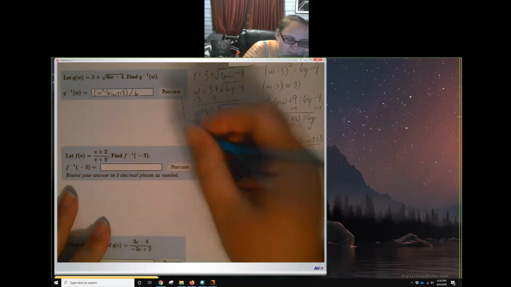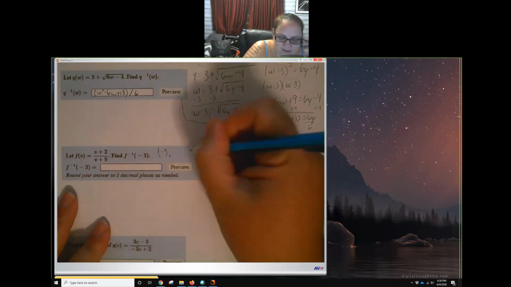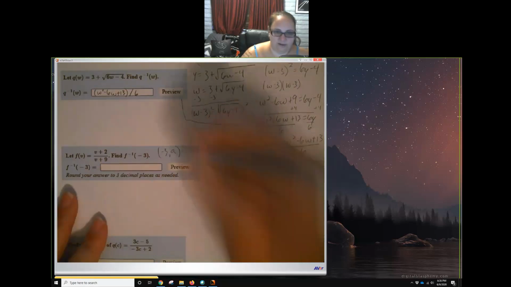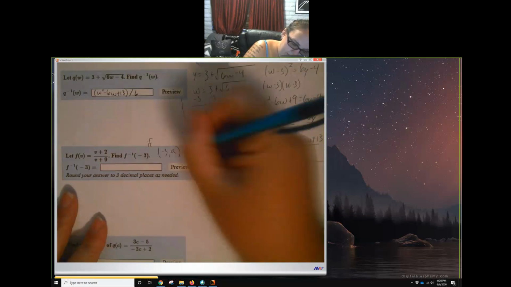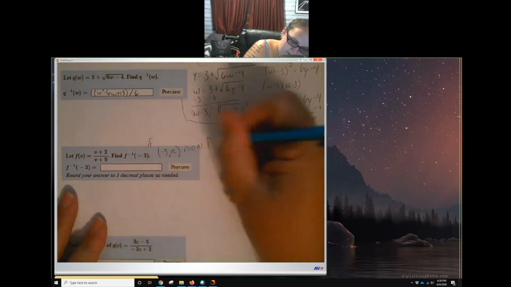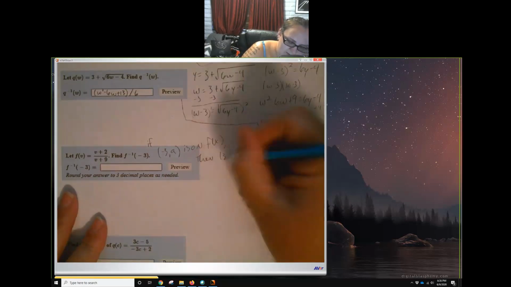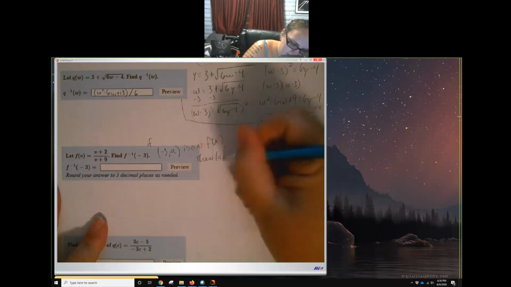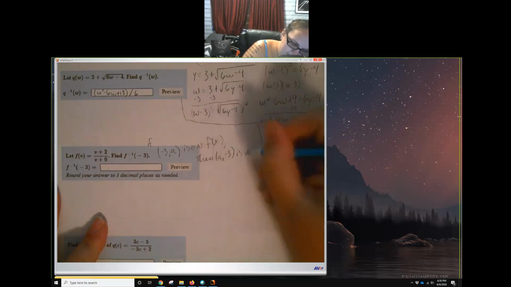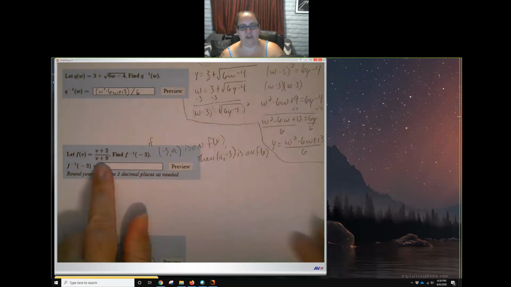If there is a point on the inverse, a, -3, and then I'm going to give it a different letter, then the flip of that point, -3, a, is a point on the original.